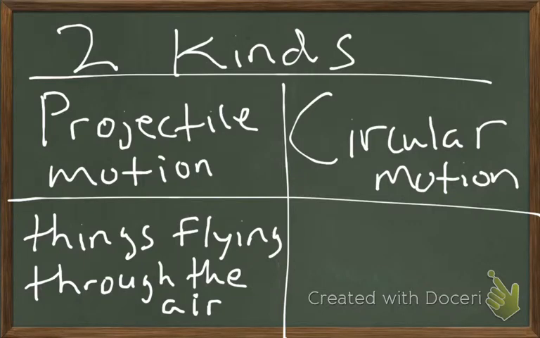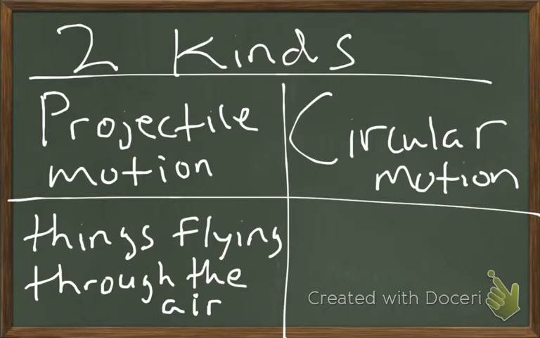If I launch a catapult, if I let something roll off a table, if I throw something in the air, it's basically saying something that is just flying through the air. So the only thing that's really affecting it is the force of gravity, which is trying to pull it down. More details about that in a few minutes.